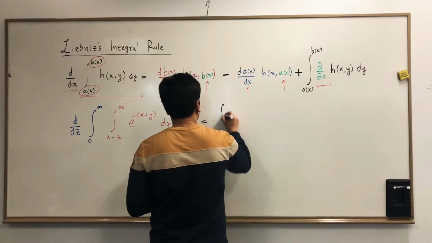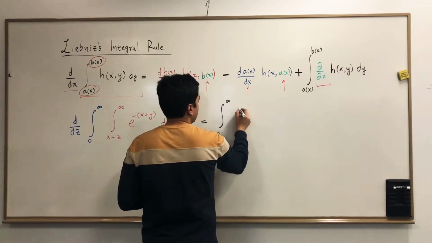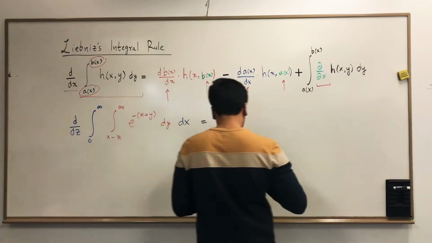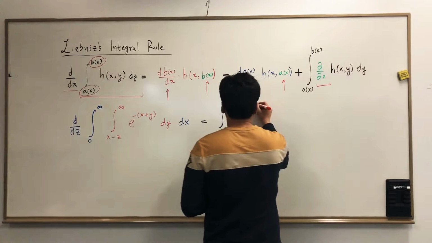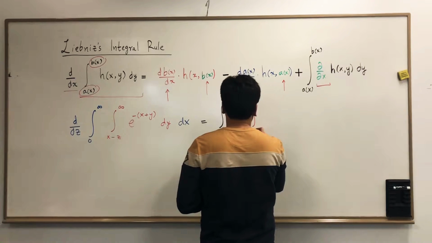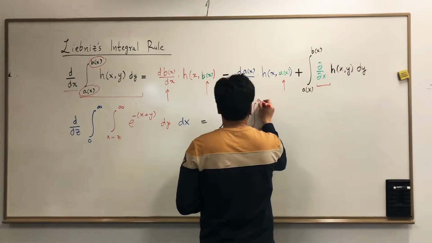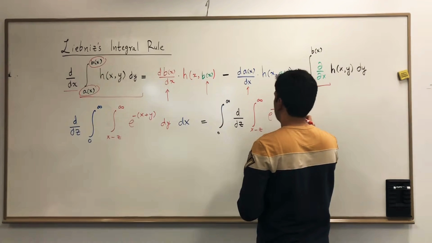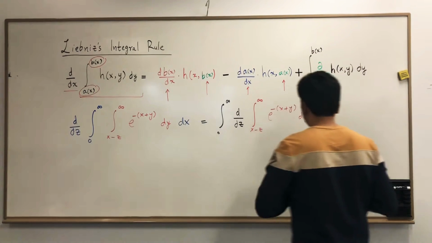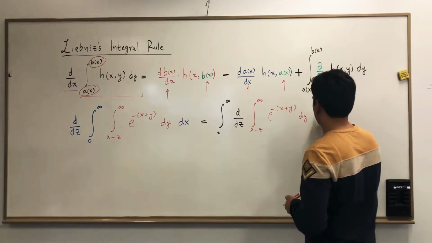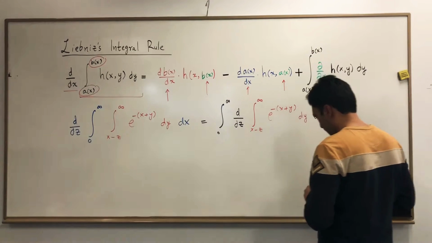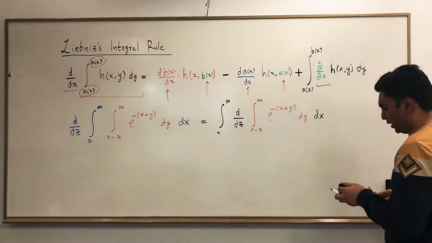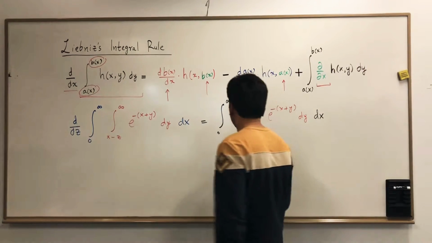We can just say the integral from 0 to infinity of d over dz, and the inner integral stays as it is, from x minus z to infinity of e to the negative (x plus y) dy, and then dx as it is. So you see we have moved the derivative one step inside without doing anything because the limits were constant.